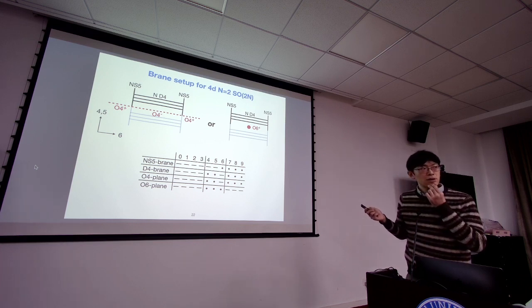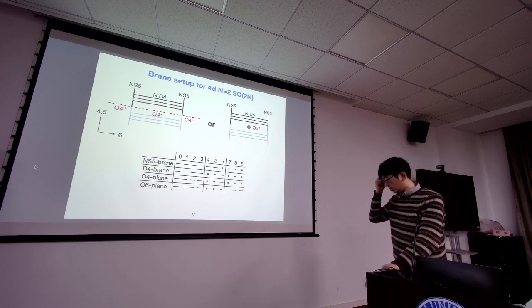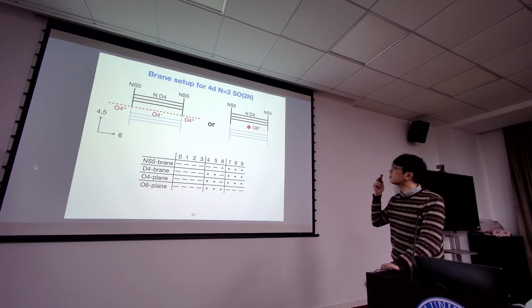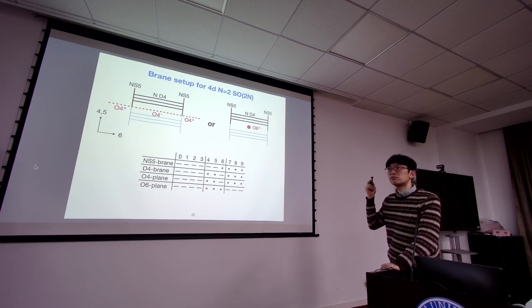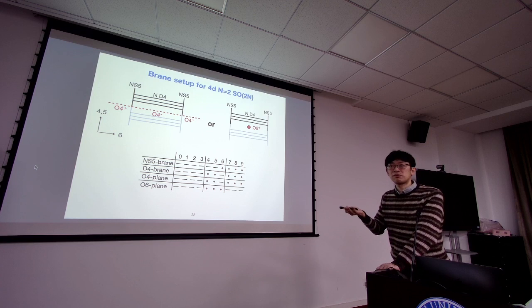Yeah, I didn't think about O8. At least O6 does not have much problem. For example, D8 is also a problem to uplift to M theory, I think.